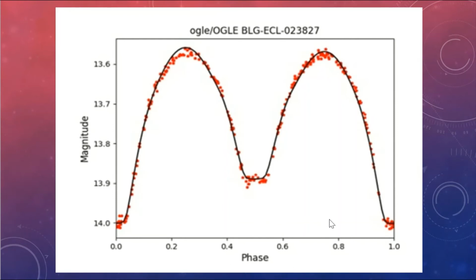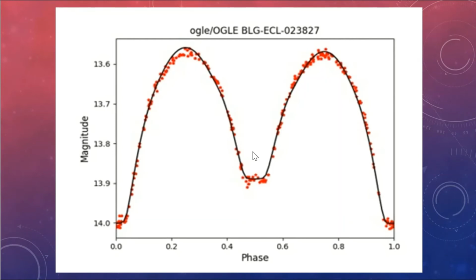So one orbit would be covering one phase, 0 to 1. So when the phase is 0.5, you find one eclipse, and when the phase is either 0 or 1, you find another eclipse taking place in the system. Here the red dots represent the observations taken from OGLE, and the black curve represents the theoretical light curve which has been derived using the photometric analysis from PHOEBE.